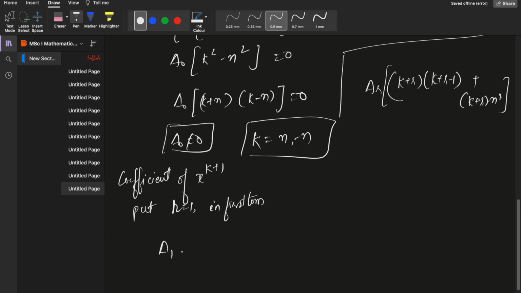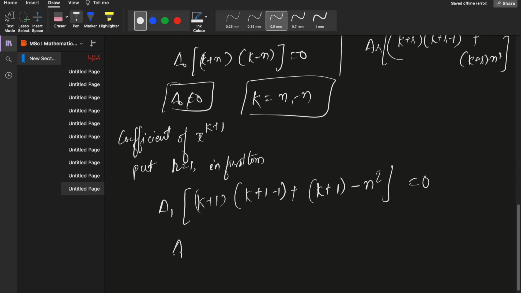So this is going to be a1 (k plus 1)(k plus 1 minus 1) plus (k plus 1) minus n square equals to 0. So a1 times, k plus 1 is common, here we will get, this is cancelled out, this is k plus 1 minus n square equals to 0.